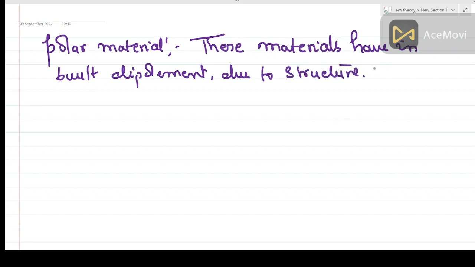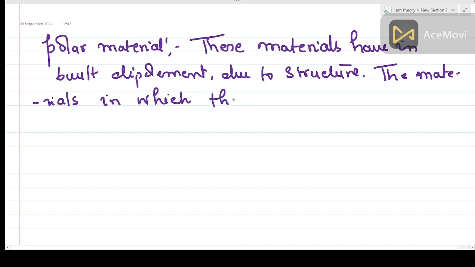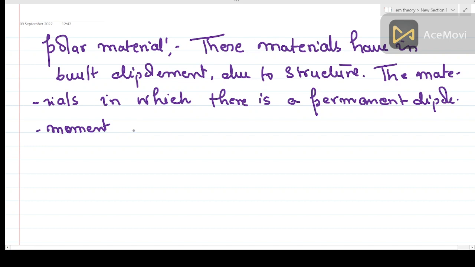Or you can define them this way: the materials in which there is a permanent dipole moment are called polar materials.